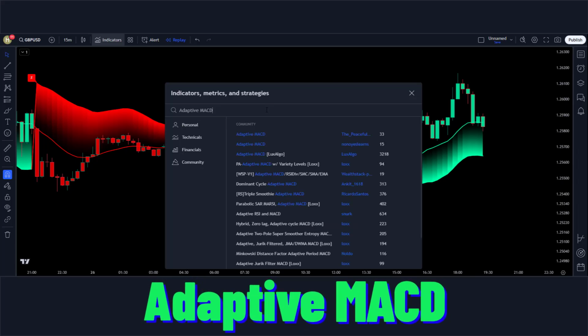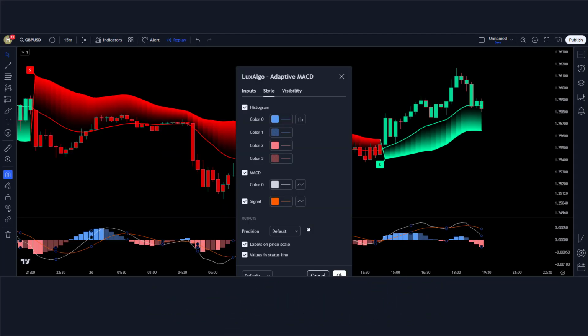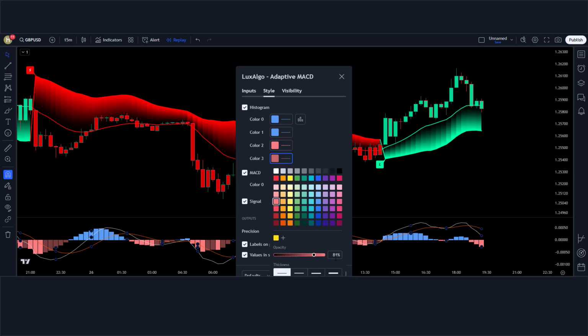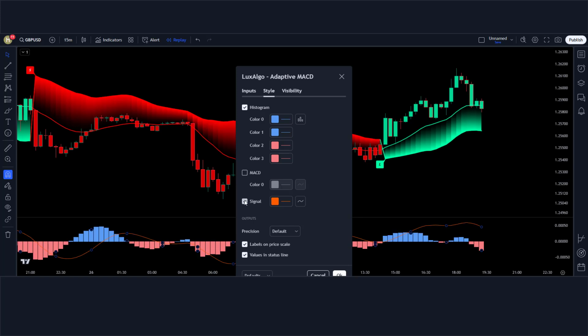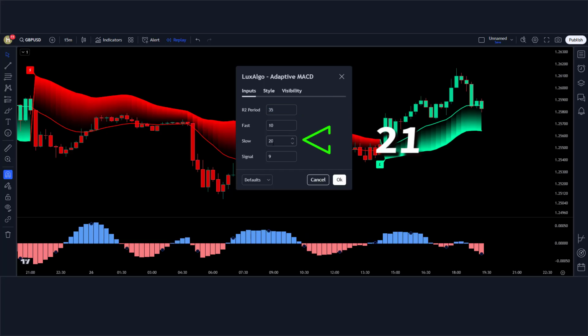Second indicator name is adaptive MACD. Let's change the settings of the indicator. R2 period 35. Slow 21.